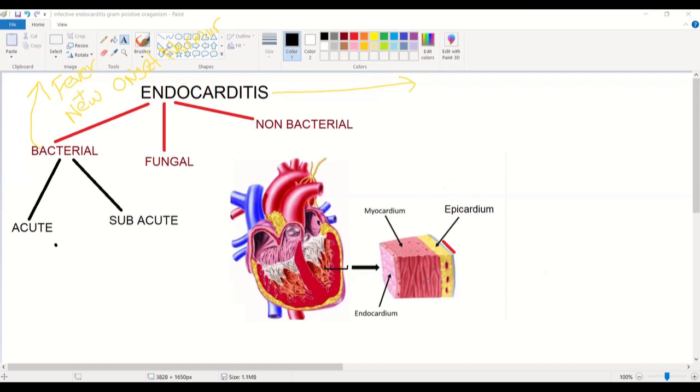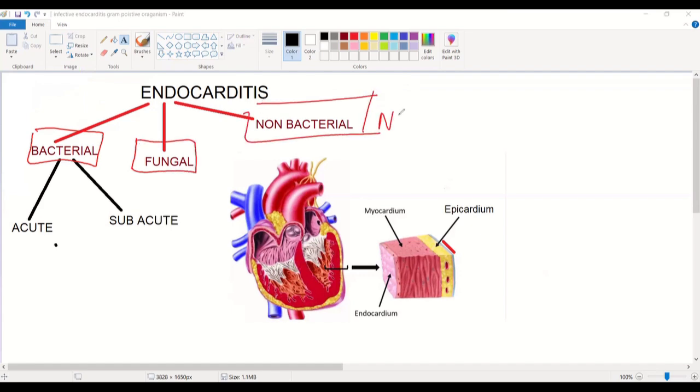So keep in mind emboli and why it is important in USMLE, because it's a clinical manifestation. Endocarditis is divided in many ways. It may be divided into bacterial endocarditis, fungal, non-bacterial, or non-infective.